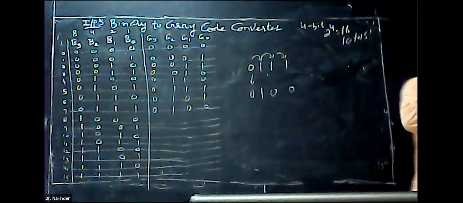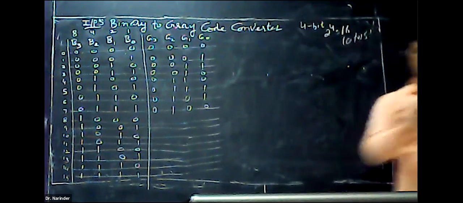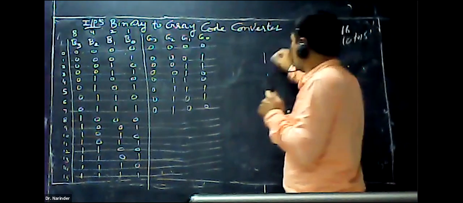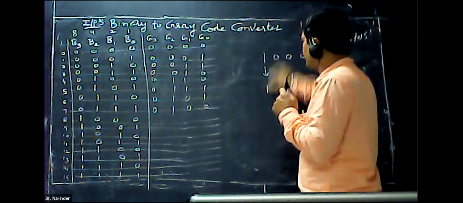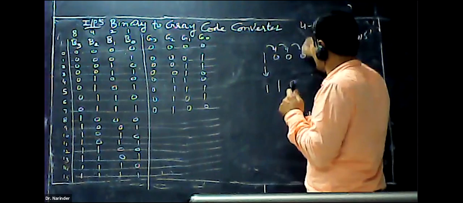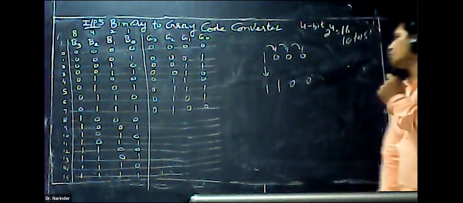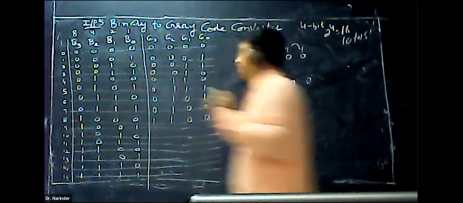Now, next is 8. 1, 0, 0, 0. This is 1. 1 plus 0 is 1, 0 plus 0 is 0, 0 plus 0 is 0. So it would be 1, 1, 0, 0.